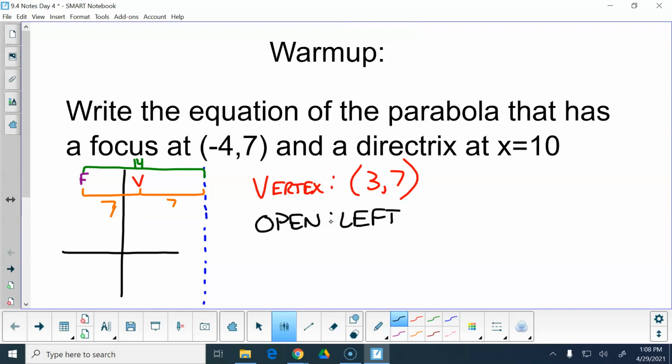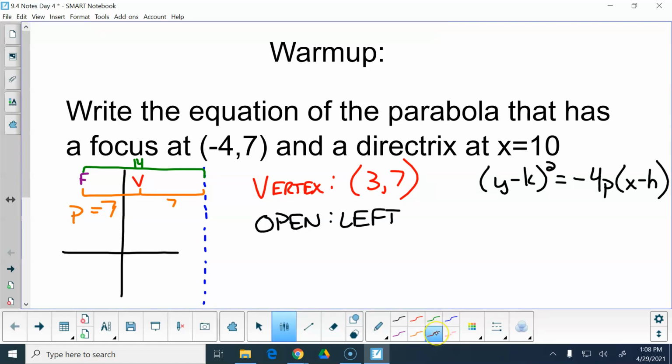So a left-opening parabola would be y minus k, quantity squared, equals -4p times x minus h. h is 3, k is 7, p is 7 also.